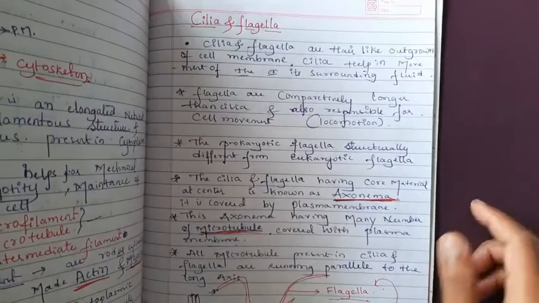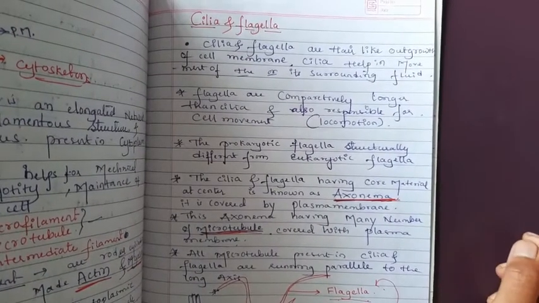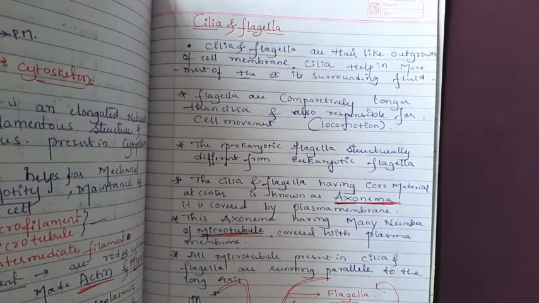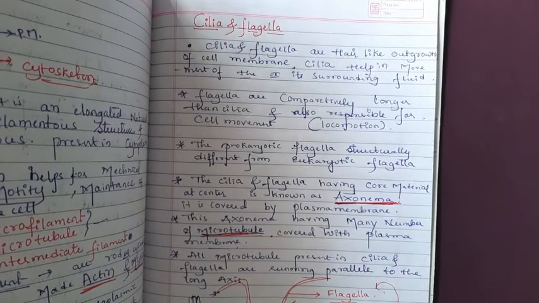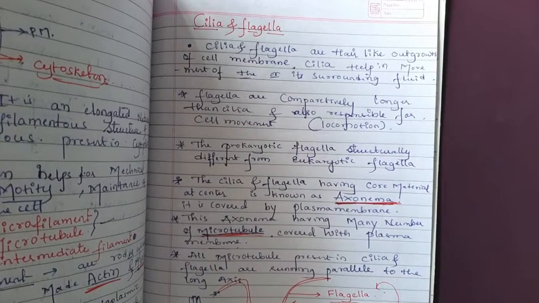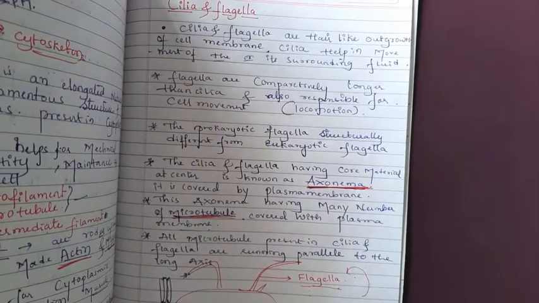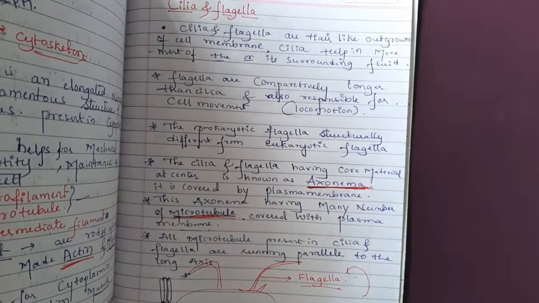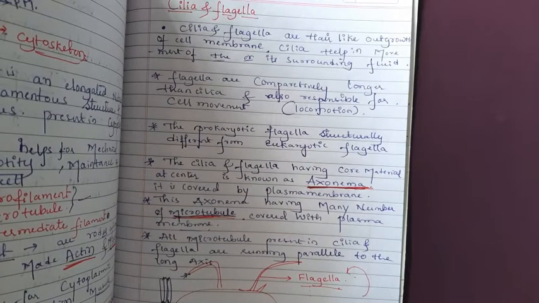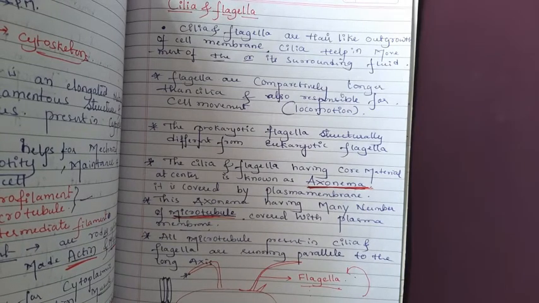In the previous class, we discussed cilia and flagella. We discussed points like cilia and flagella being hair-like outgrowths. I already told that while explaining the structure of the prokaryotic cell. I mentioned that flagella is a locomotor structure or motility organ.